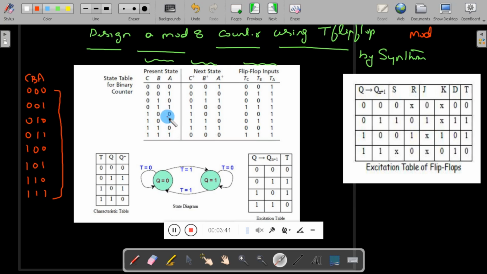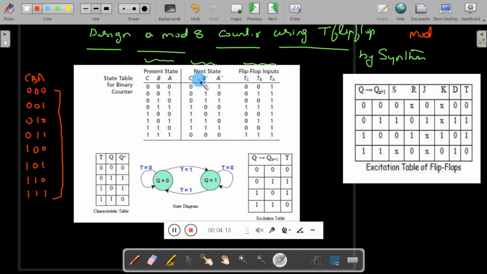Now for 000 present state, 001 is the next state, 001 has 010 as the next state, 010 has 011, 011 has 100. Like that, 110 has 111 as the next state, and 111 has 000 as the next state. So first you have to write present state and next state. After that you have to define the input of the flip-flops.